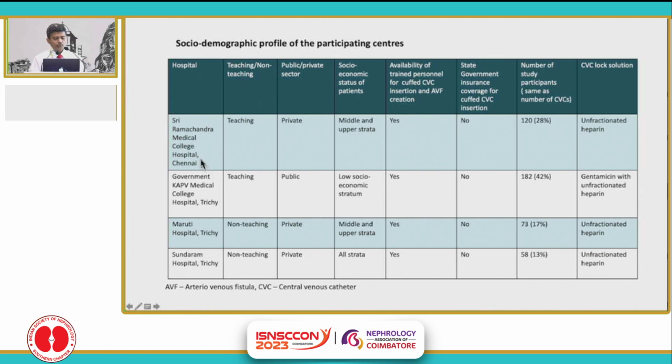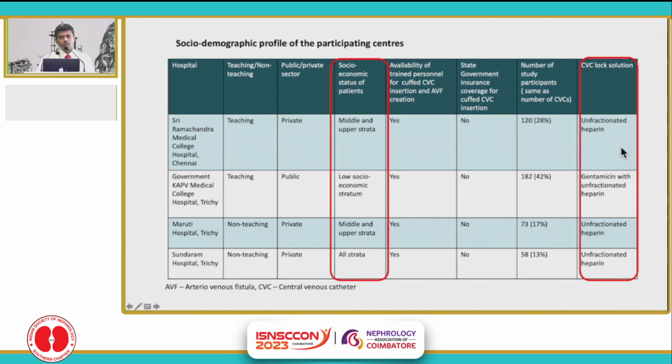This table shows the socio-demographic profile of the 4 participating centers. Out of the 4 centers, 2 were teaching hospitals. 1 was a public sector government teaching hospital. 2 were non-teaching private hospitals. As you can observe, these centers differ from one another with respect to the socio-demographic profile of the patients, as well as certain practice patterns like skin preparation, the antimicrobial lock solution, and the threshold for CVC removal.